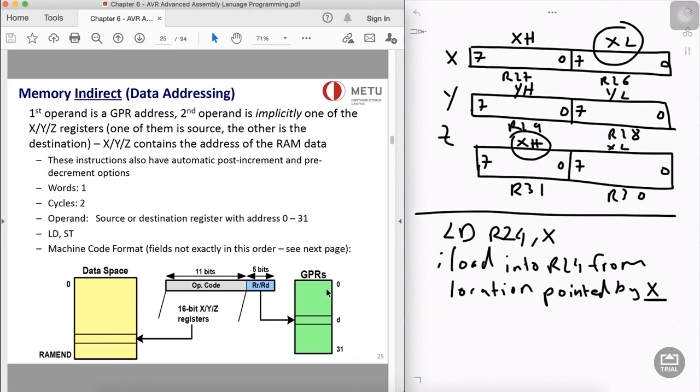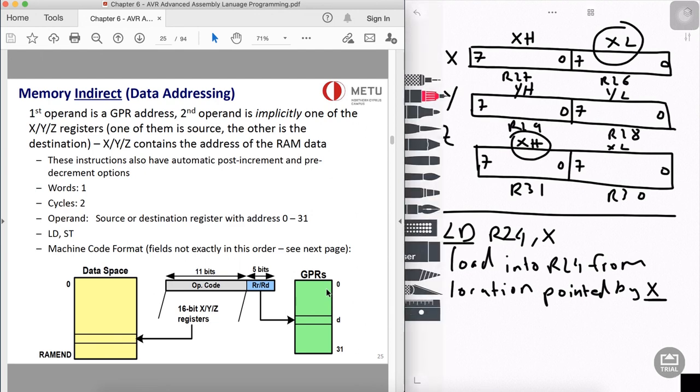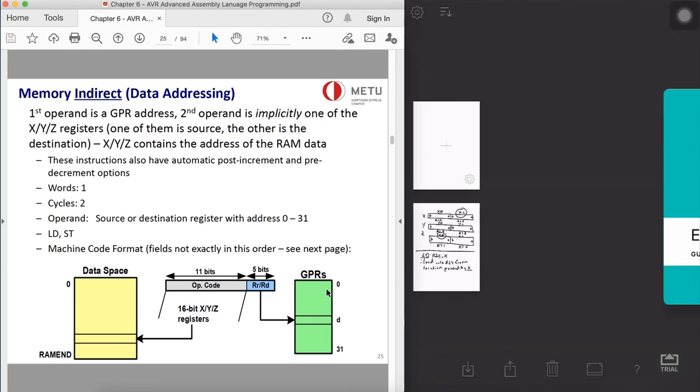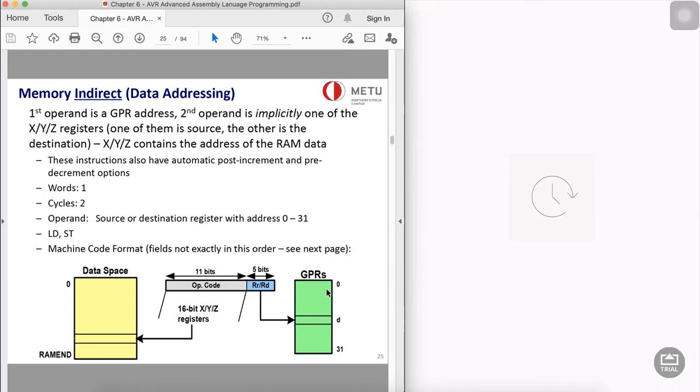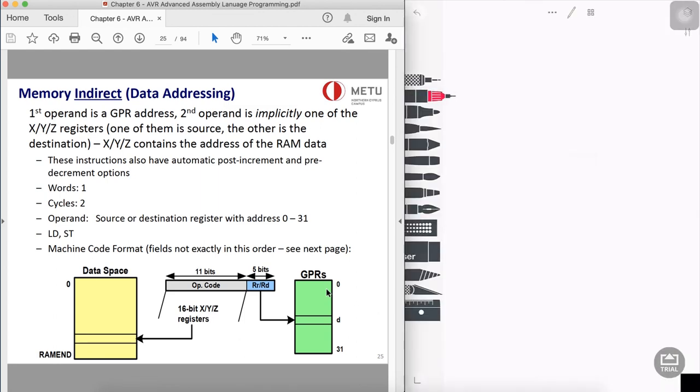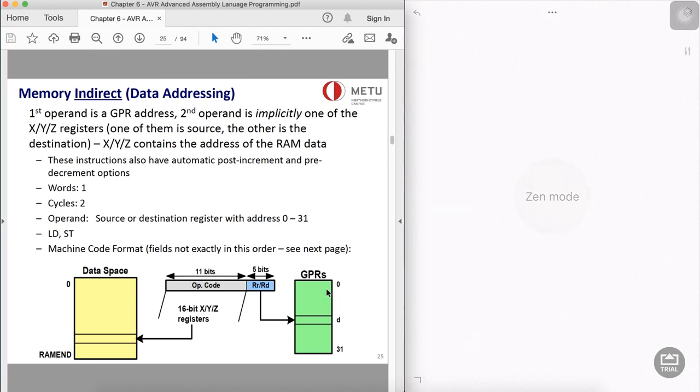So with load, it means read the value of a location pointed by the register. Let's give an example. The following program loads the contents of location 0 hex 130 into R18.